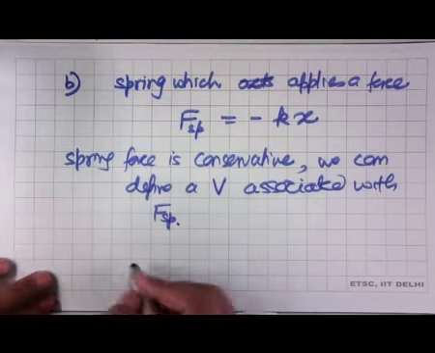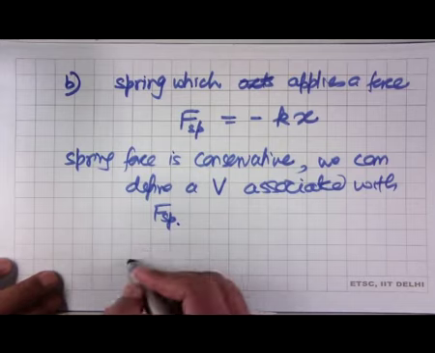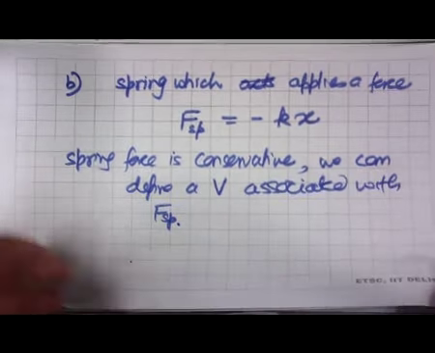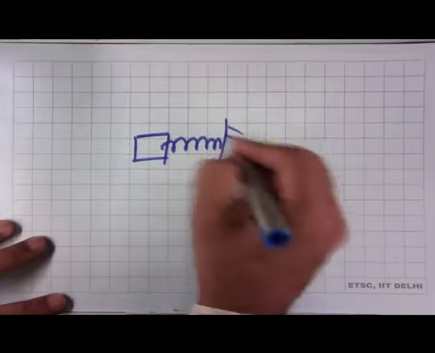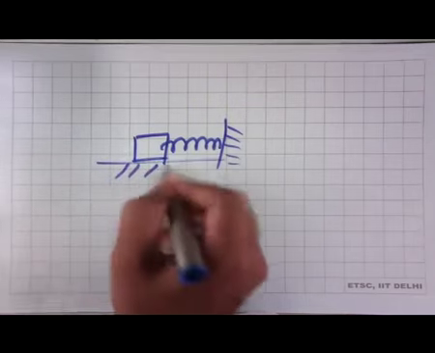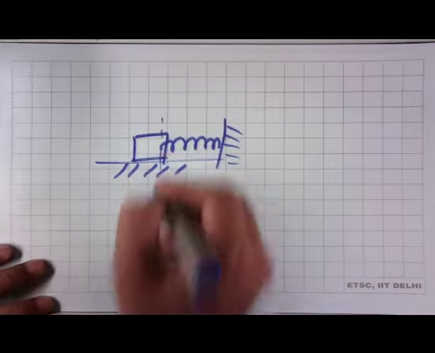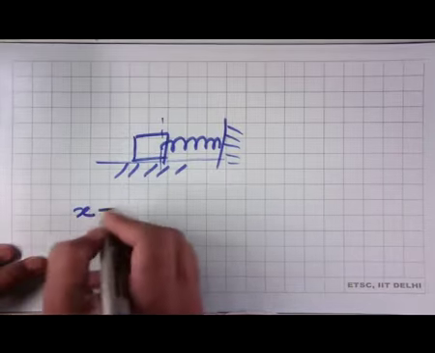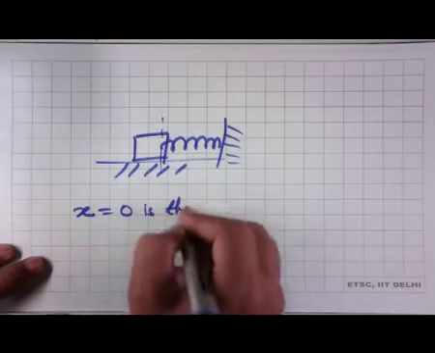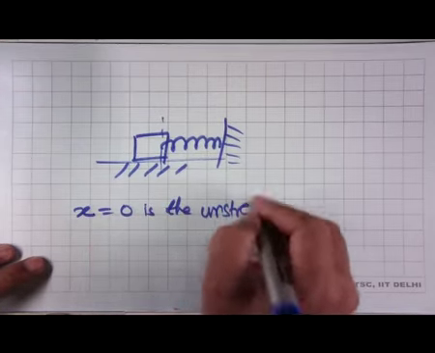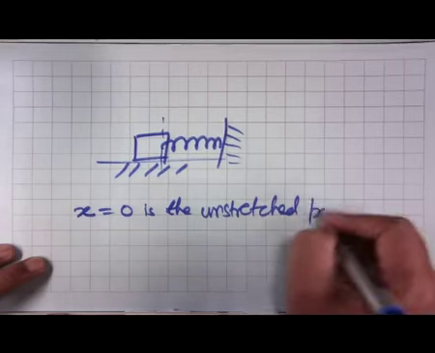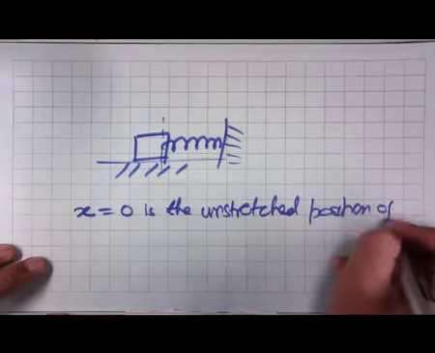Suppose, let me just draw it again, we have a block connected to a spring, and let us assume that this surface is frictionless. Then we start with x equal to 0 as the unstretched position of the spring.